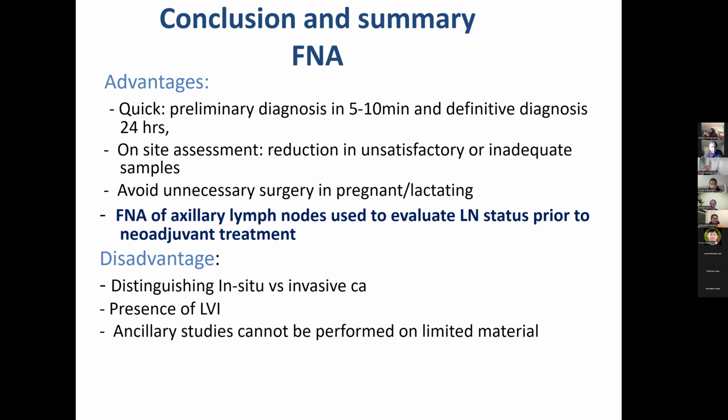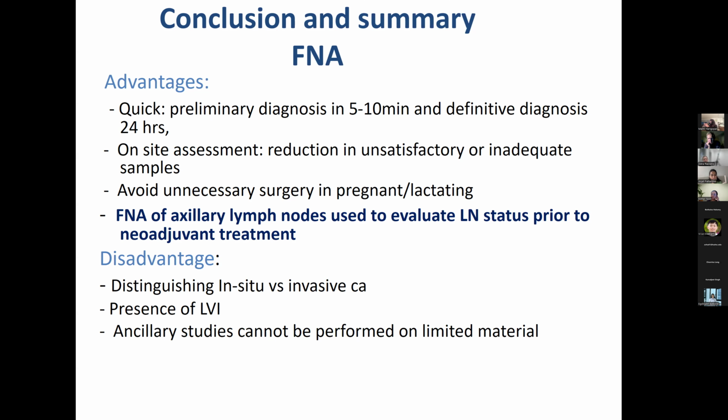Of course, the most important disadvantage is distinguishing between in situ and invasive, and the presence or absence of LVI cannot be said. Ancillary studies cannot be performed on limited material, but I've seen some cytopathologists be very aggressive in taking material, and I think we have enough material to do ancillary studies too.